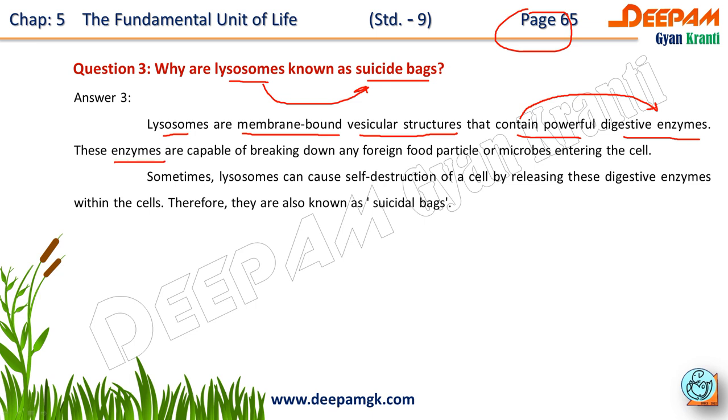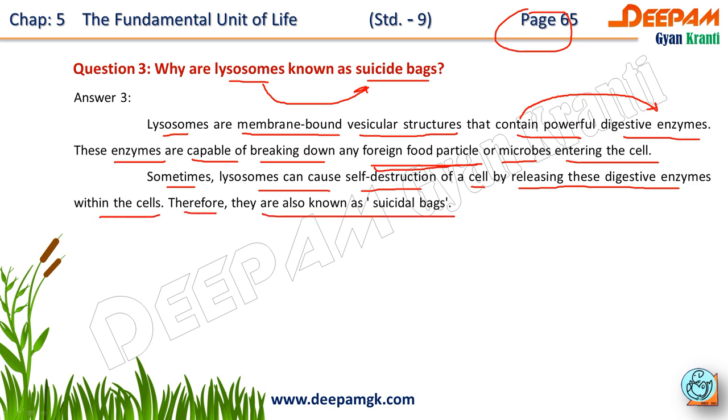These enzymes are capable of breaking down any foreign food particles, meaning food which we take from outside, or microbes entering the cells. Sometimes lysosomes can cause self-destruction. Like a blast, a lysosome can cause self-destruction of a cell by releasing these digestive enzymes within the cell. Therefore, they are known as suicidal bags or suicide bags.